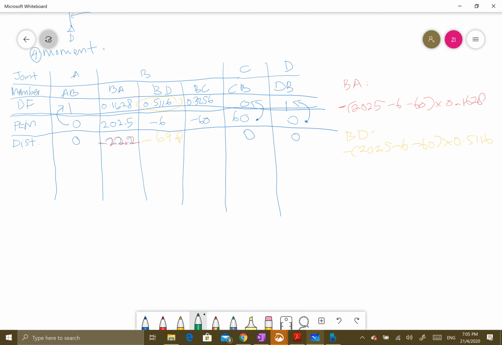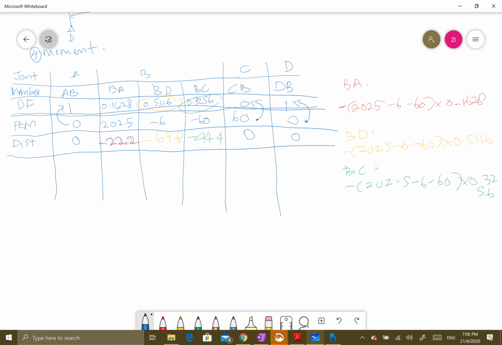Okay, and the last one is BC. So it should be negative 202.5 minus 6 minus 60, or plus in this case actually, times 0.3256 here. So you will get the value as negative 44.4. Okay.